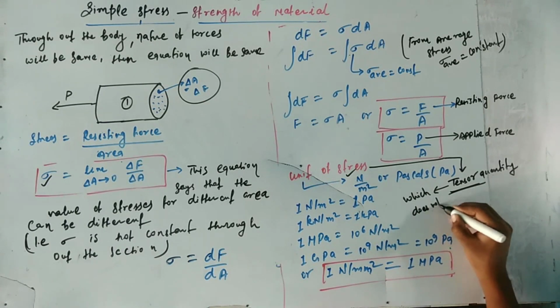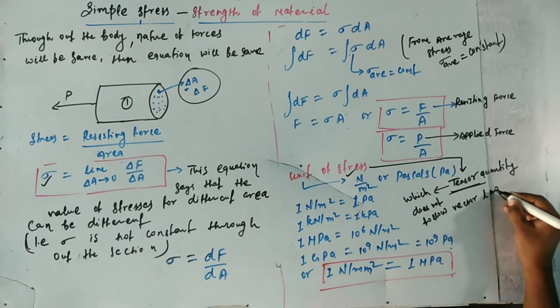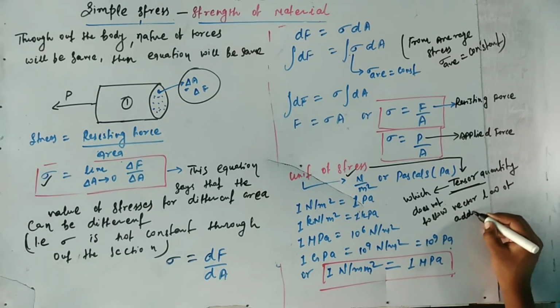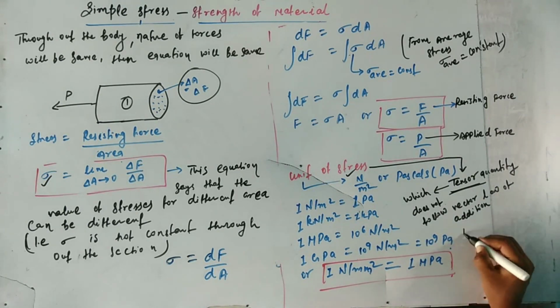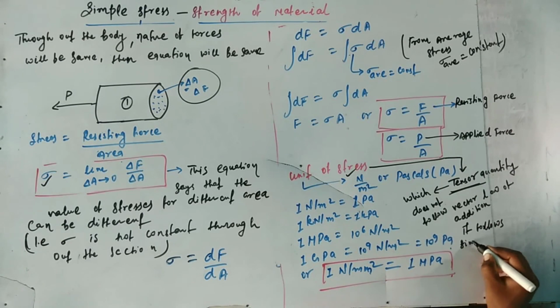A tensor quantity does not follow the vector law of addition, and stress does not follow it. So we can say stress is a tensor quantity. It follows only simple algebraic addition.